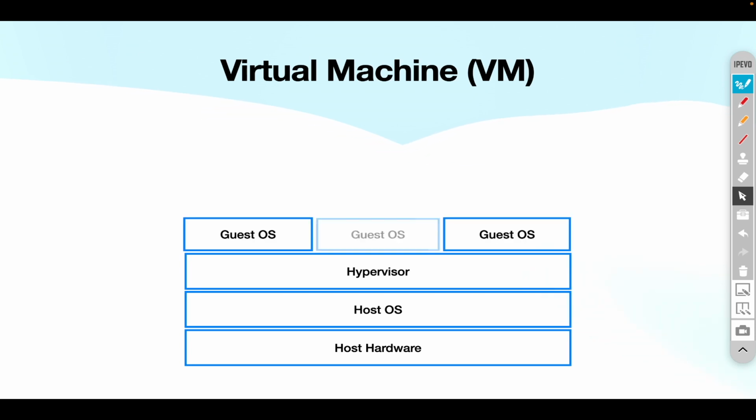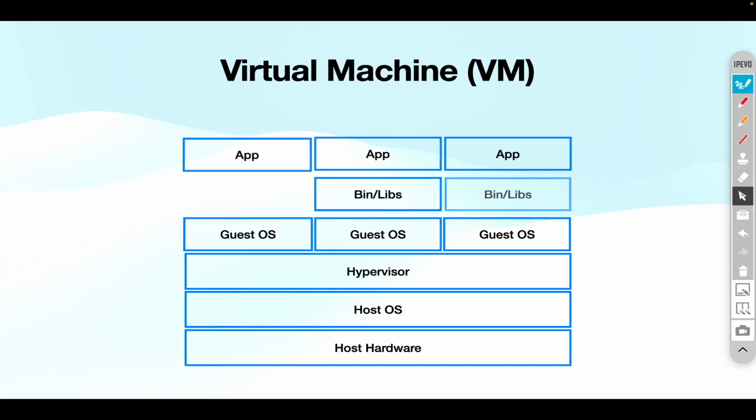If you see here, guest OS, right? Due to the hypervisor, in all operating systems we will have hypervisors, and as I said, these hypervisors help to run virtual machines inside a machine. So how does it look? Let me show you here.